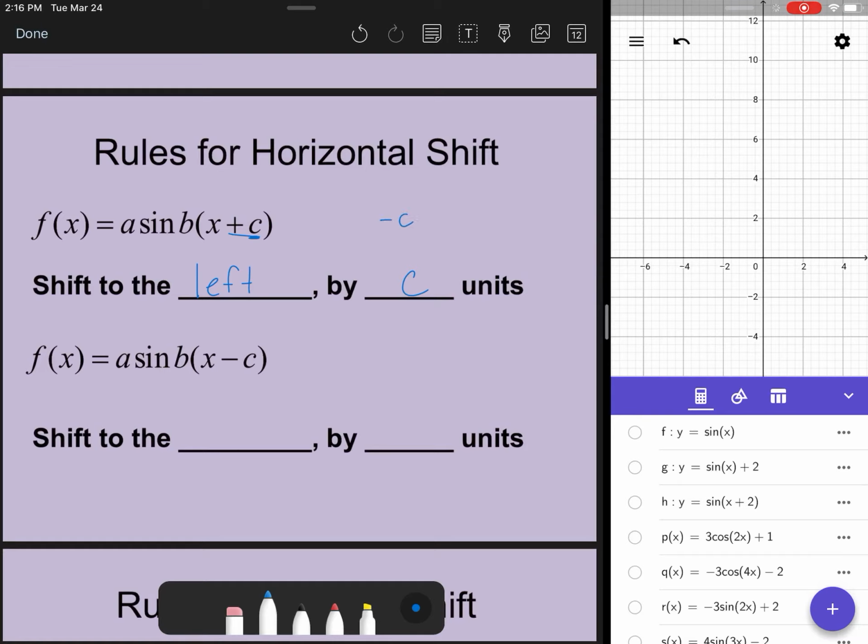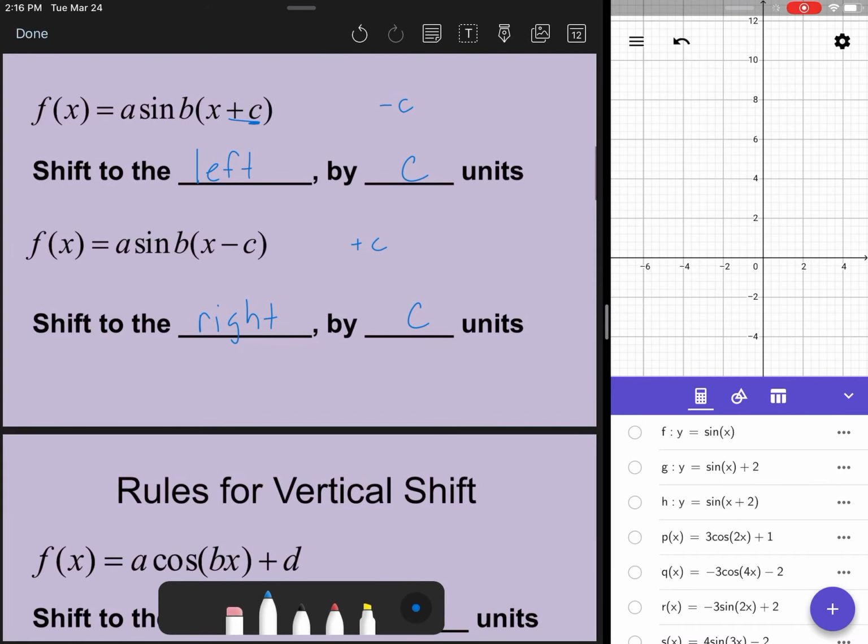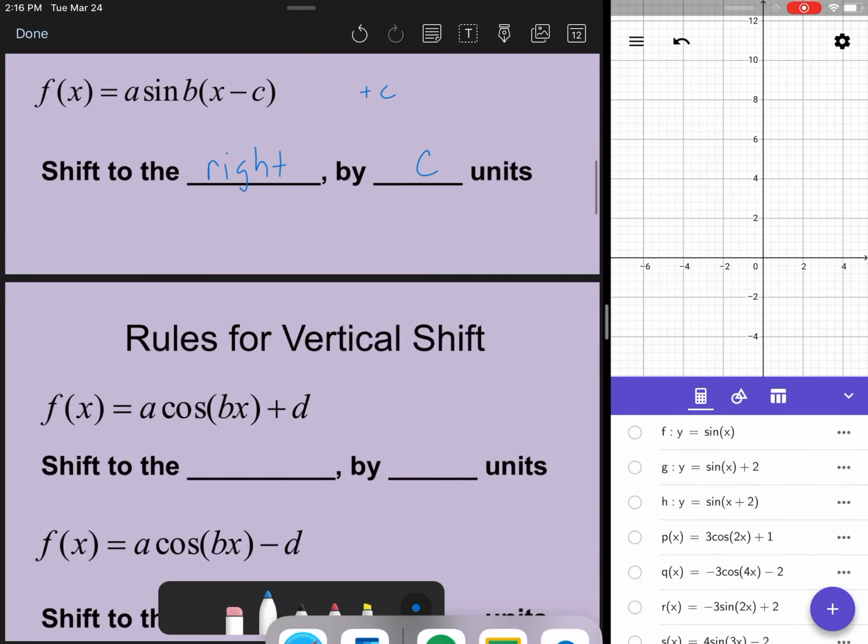Okay, so we're going to the left, which really represents negative C. Okay, for the next graph, A equals the sine of B times (x minus C). We're shifting to the right, and that's C units. This is a positive shift to the right.